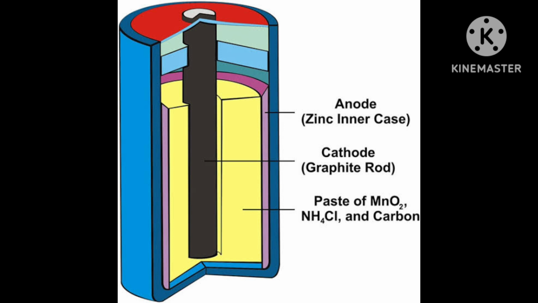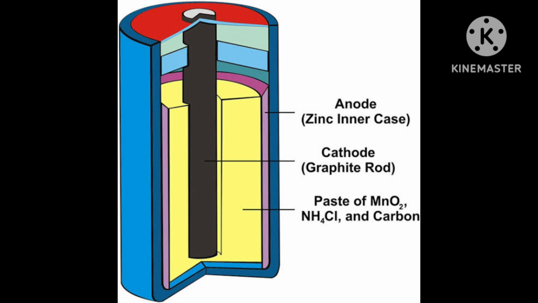In primary batteries, the reaction occurs only once, and after use over a period of time, the battery becomes dead and cannot be reused. The most familiar example of this type is the dry cell, used commonly in our transistors and clocks.